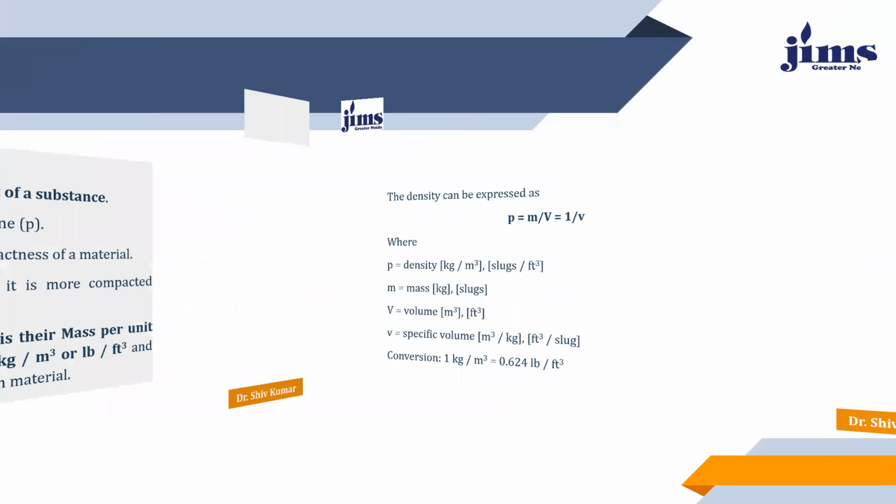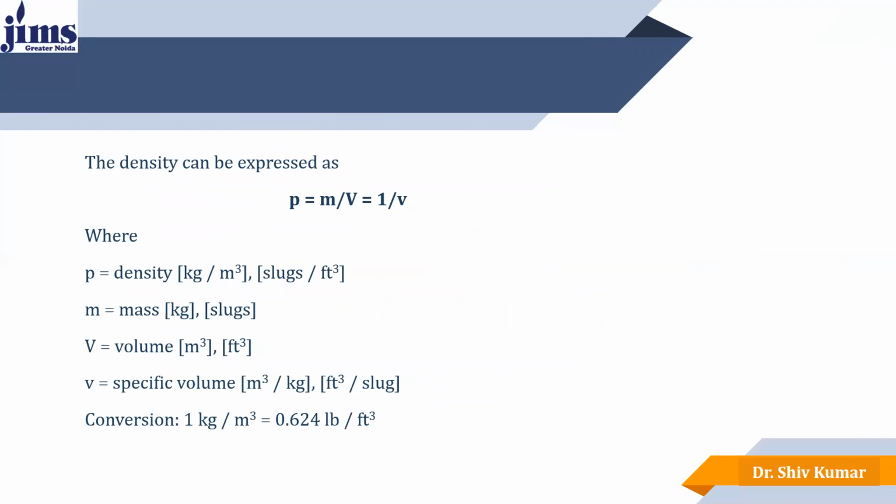We can represent the density by the following formula: ρ is equal to M by V, or ρ is equal to 1 by v, where ρ represents the density of the material, M represents the mass, capital V represents the volume, and small v the specific volume, where 1 by v is used for the conversion to kilogram per meter cube.